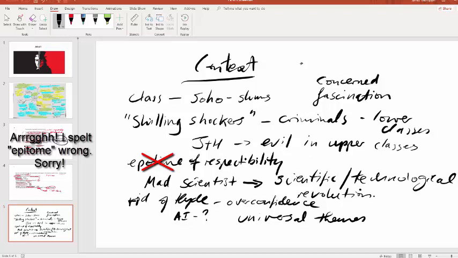Also, as we mentioned before, the idea of science, but also the growth of psychology or psychiatry, and the discovery of the subconscious, this part of the brain that we don't have access to.